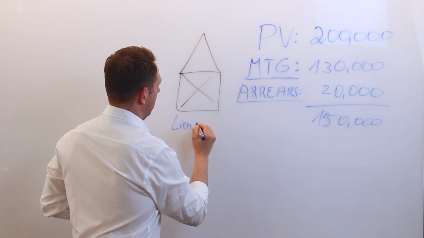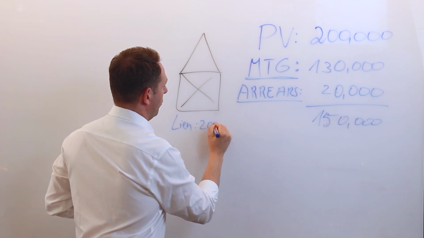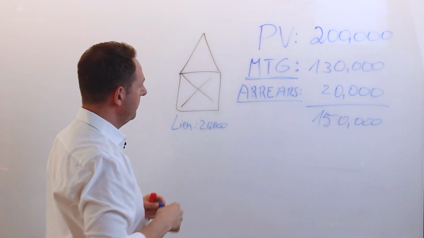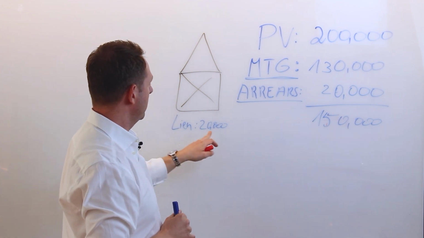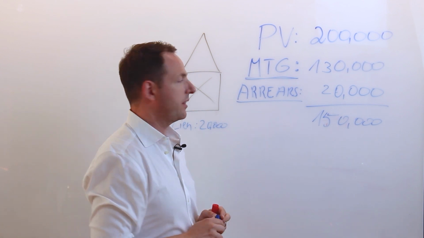So now, if this homeowner was to sell their property, American Default Prevention would, at closing, get those $20,000 back.